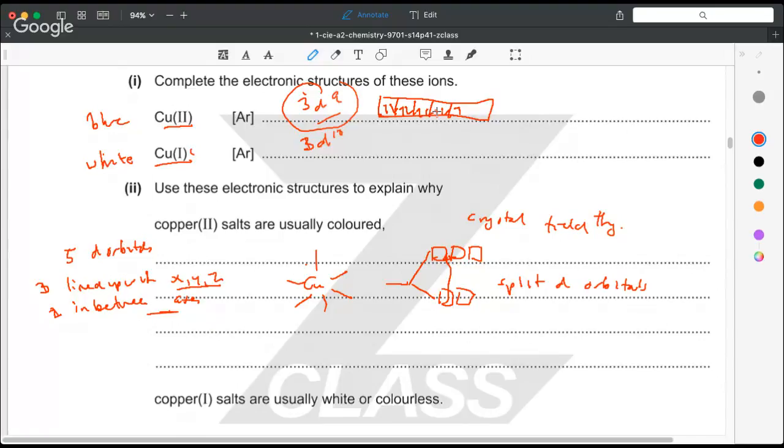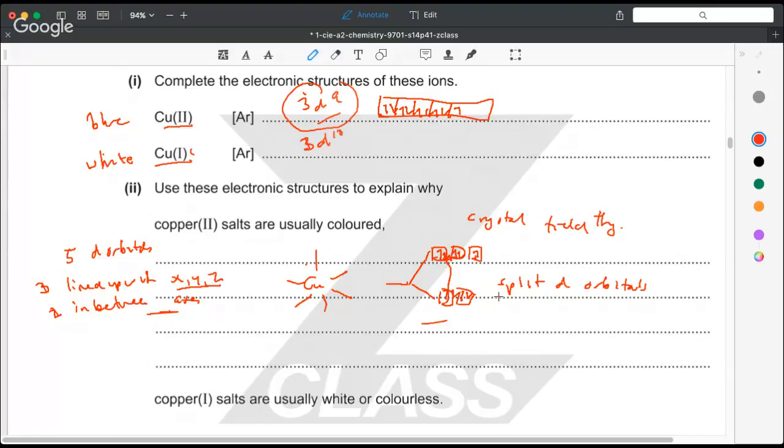All right? And so when they become split like this, you can have those at the bottom filled. And 2 of these 3 are filled, and one of them is half filled. And that means it's possible for an electron here to be promoted from a lower energy state to a higher energy state, because there's an empty orbital up there.